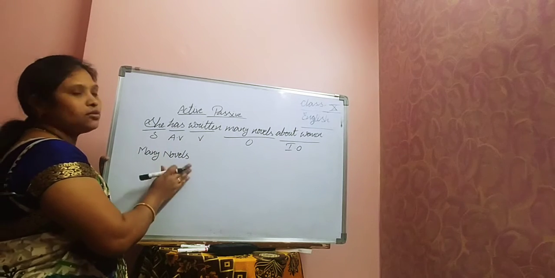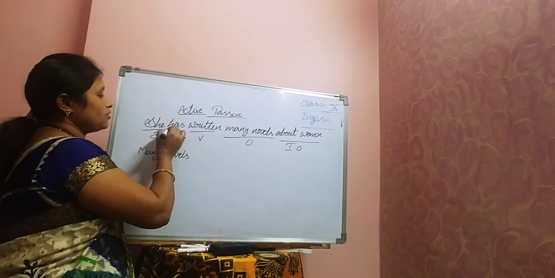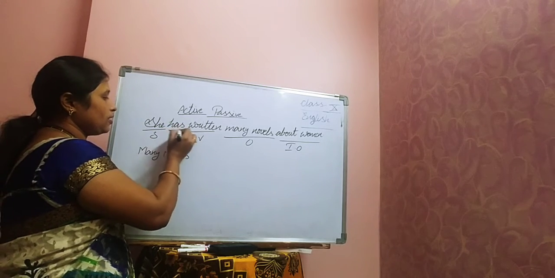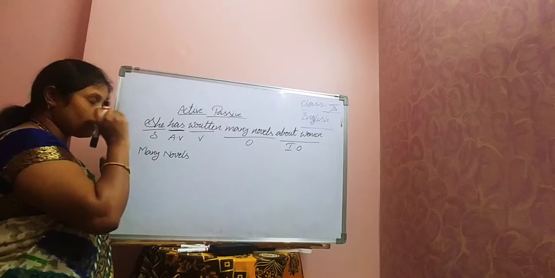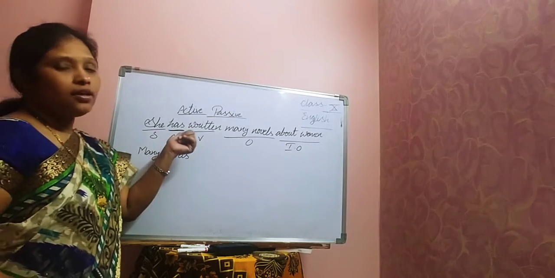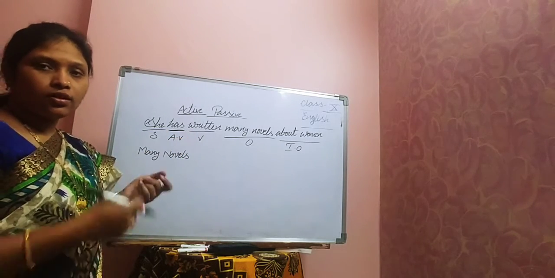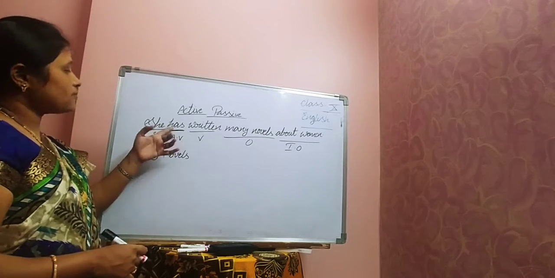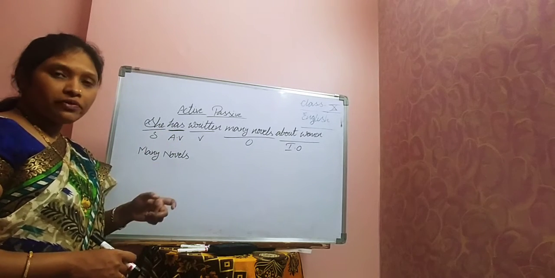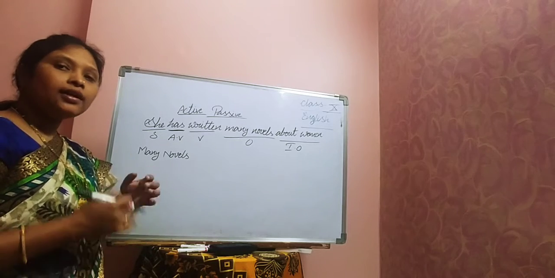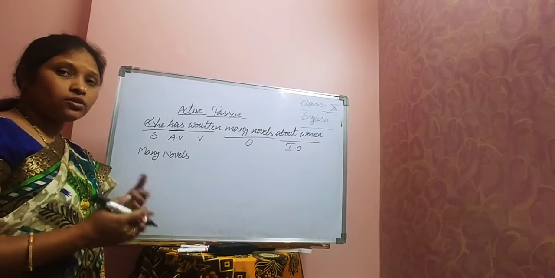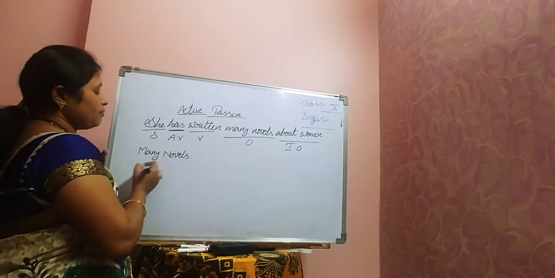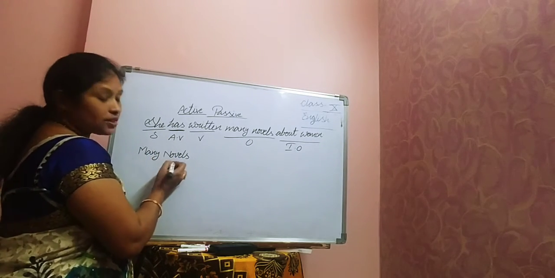Many novels. Next, coming to this part, has is an auxiliary verb. We know that has will be used along with third person singular in present tense. Third person singular means he, she, it. She has. But what is our subject here?